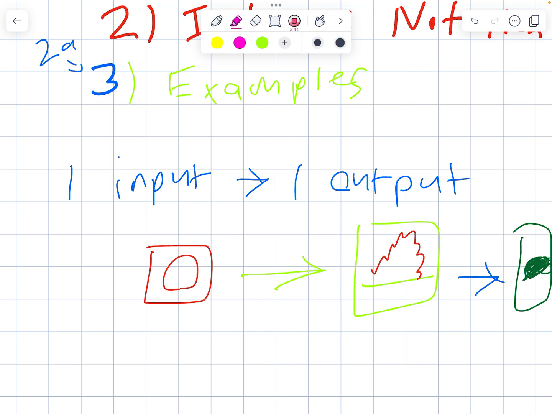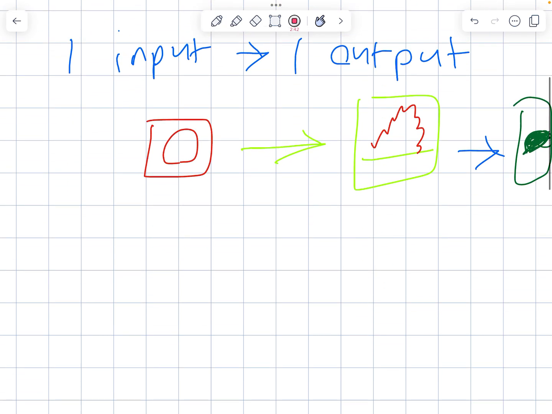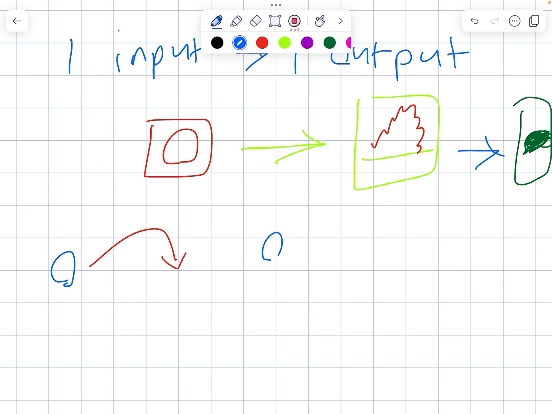Let's get a better example. For all my baseball fans out here, if I put a baseball into, let's say, a batter's sweet spot, this is kind of more abstract, and our machine here is called swing, then our ball is going to become a home run.